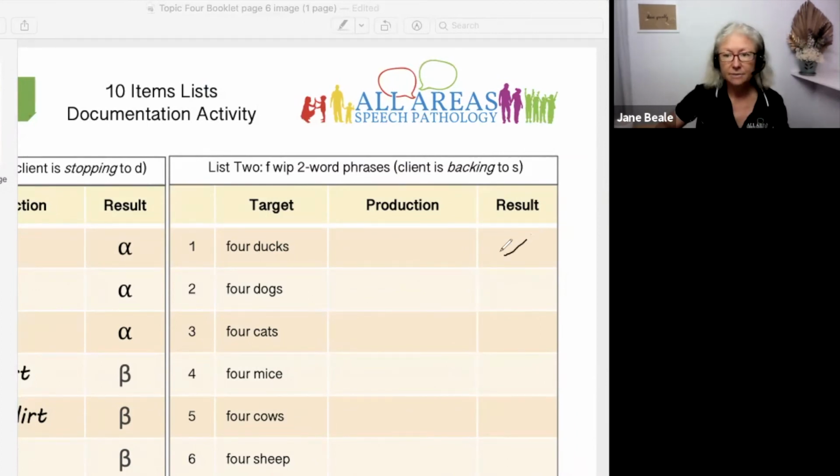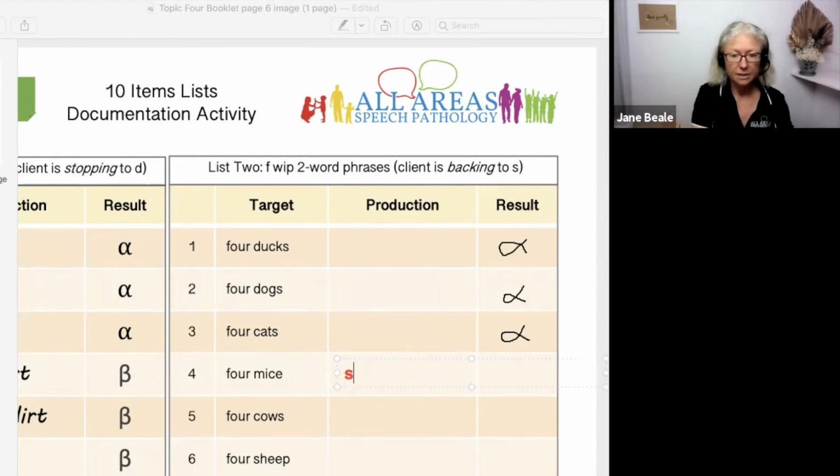That's correct. 2. 4 dogs. Also correct. 3. 4 cats. Correct. 4. Saw mice.